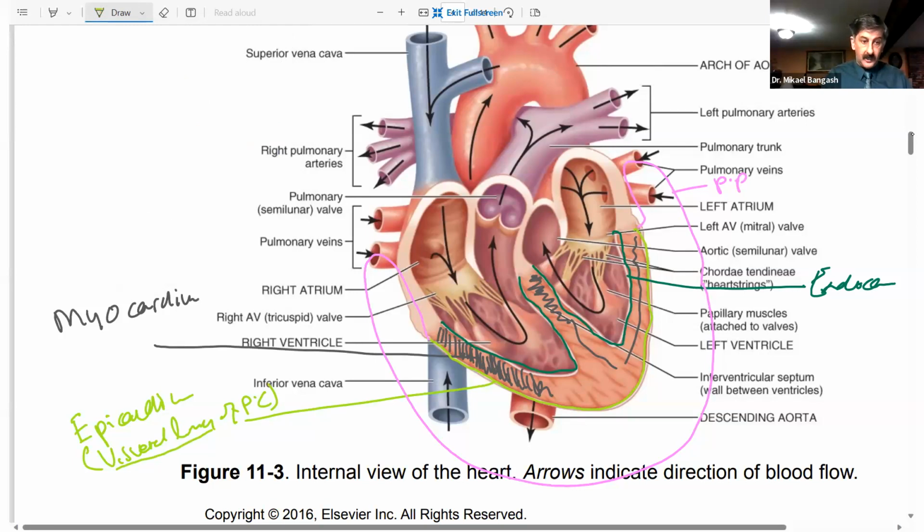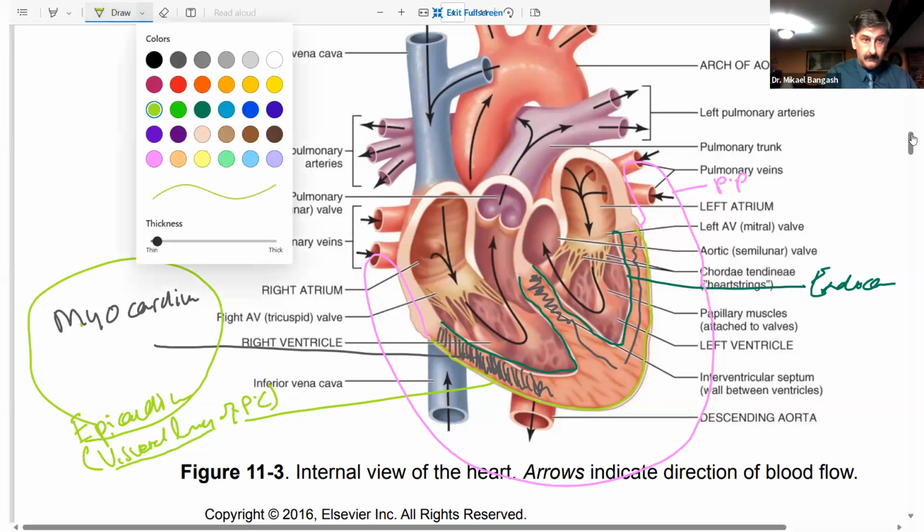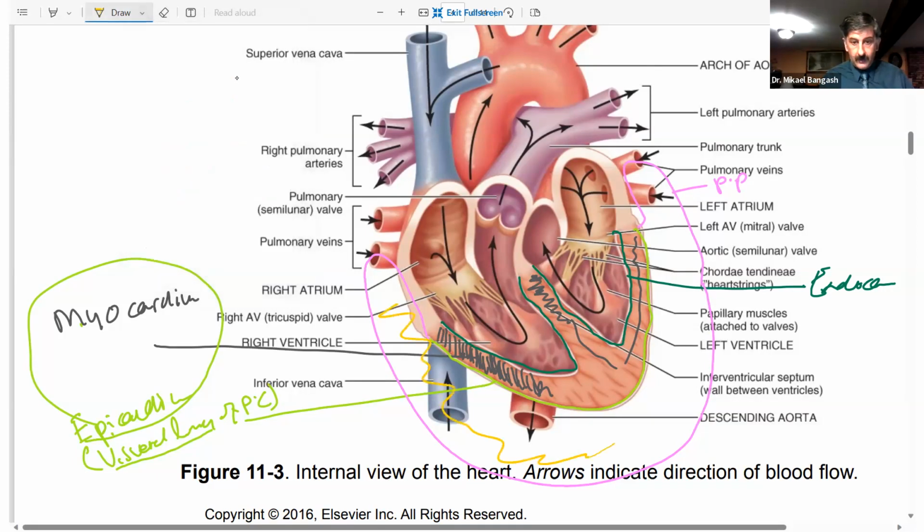But if we take it as part of the myocardium, together with the myocardium and endocardium, it will be called epicardium. And in this sac between the outer layer, the parietal pericardium, and the inner layer, the visceral pericardium, you will have the pericardial fluid.